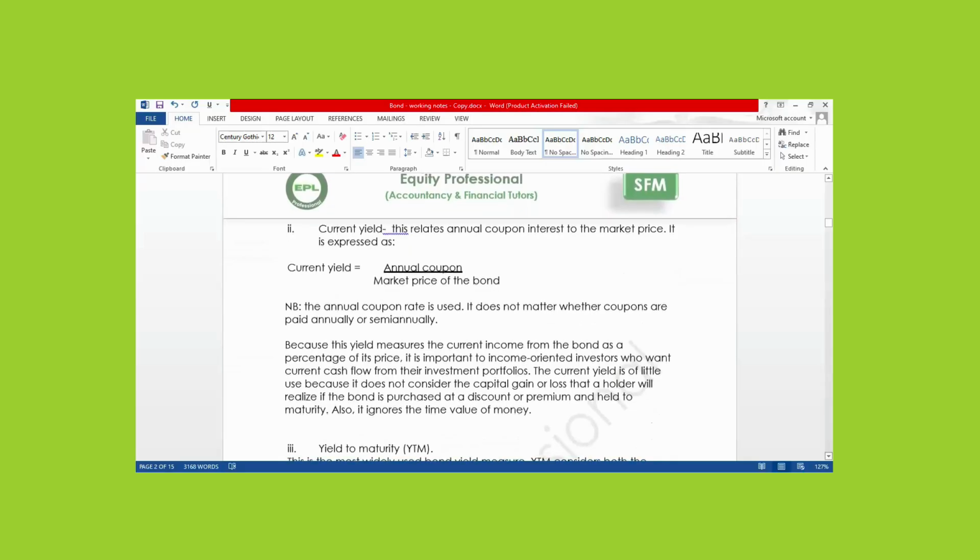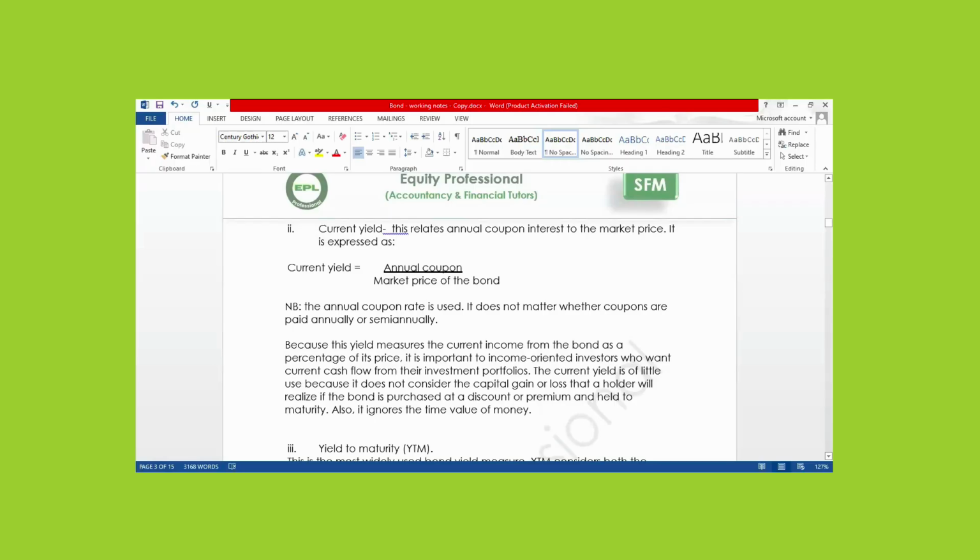The current yield measures the current income from the bond price.